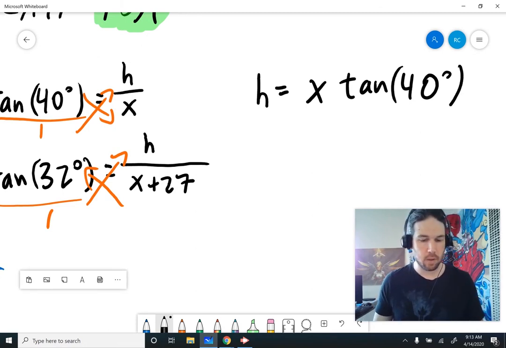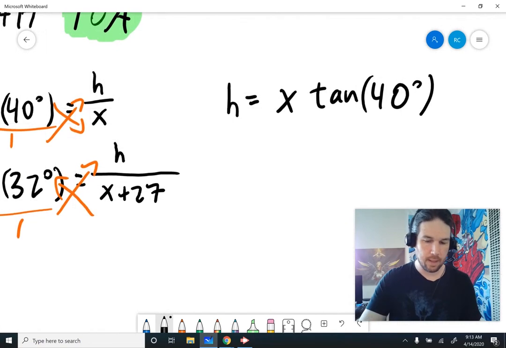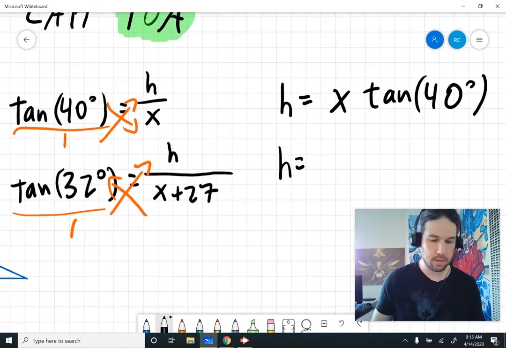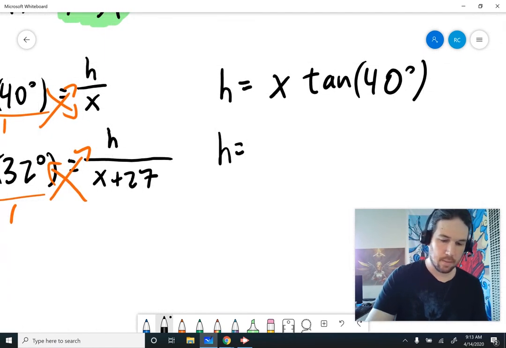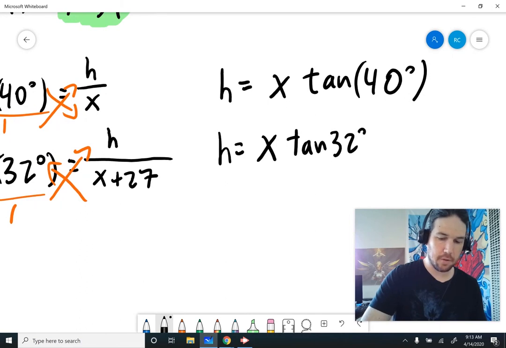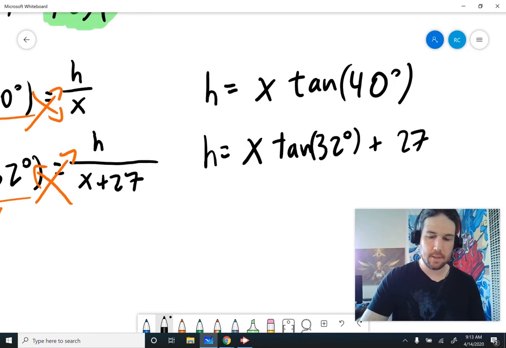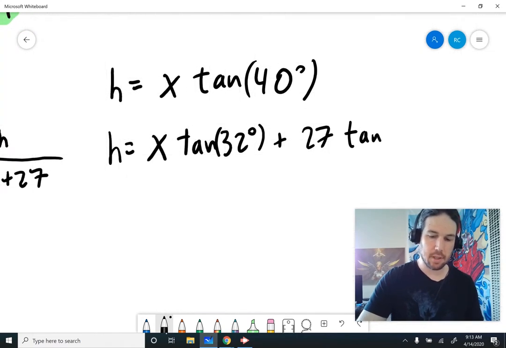And on this bottom one, I get h equals x times tangent of 32 degrees plus 27 times tangent of 32 degrees.